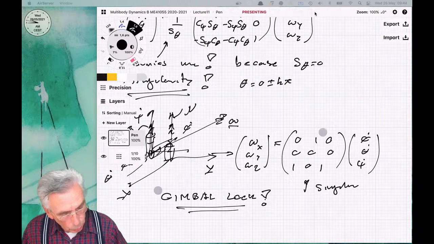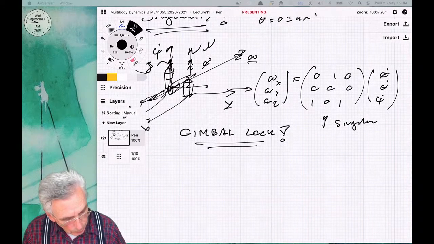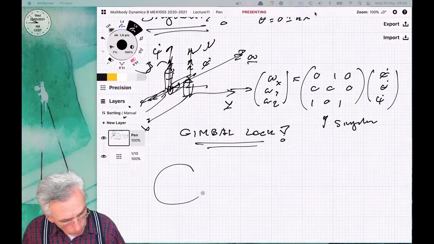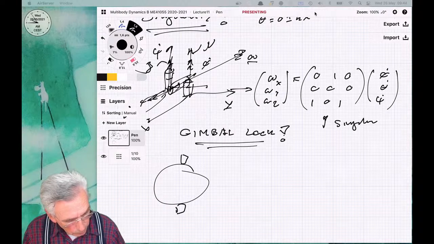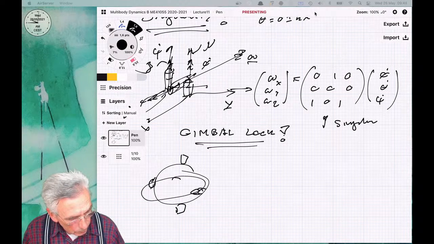Why? Because you can draw rotation as three gimbals. One gimbal with an axis, and then another gimbal, a rotation about that.